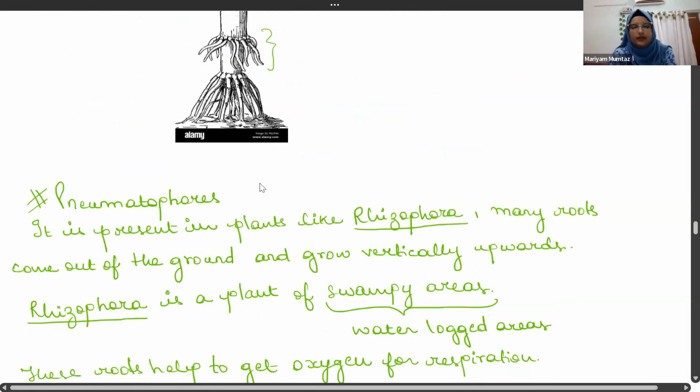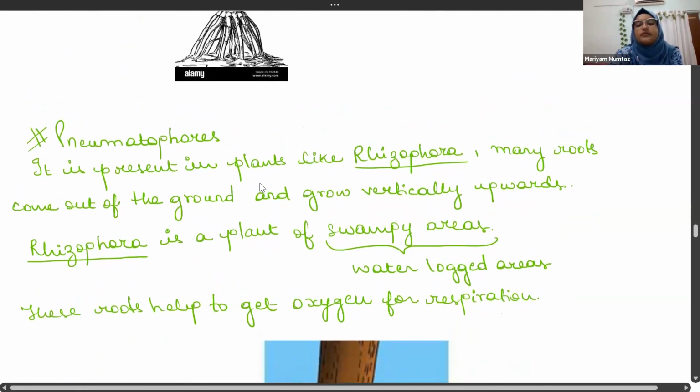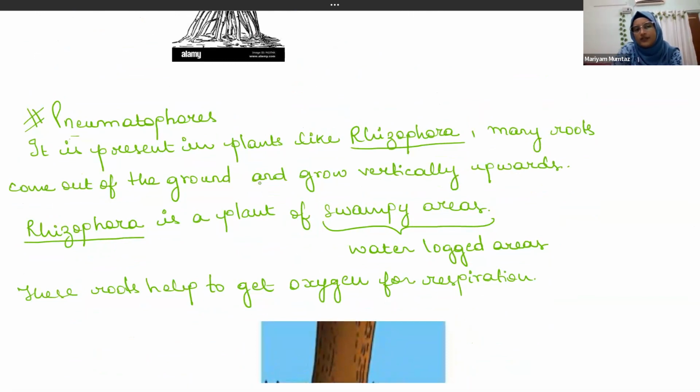Okay. Yes. Okay. Now moving forward, the next type of modification is pneumatophores. So see, there is a plant which is known as Rhizophora. Okay, so what happens in these plants? These plants are basically present in those areas where there is a lot of water logging.